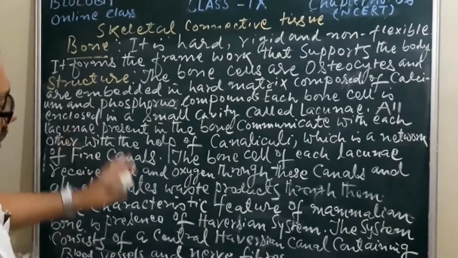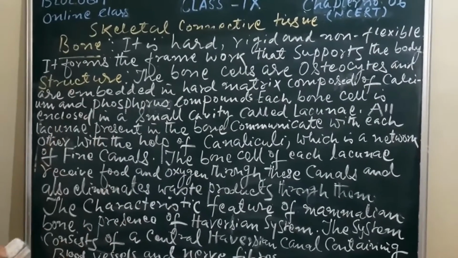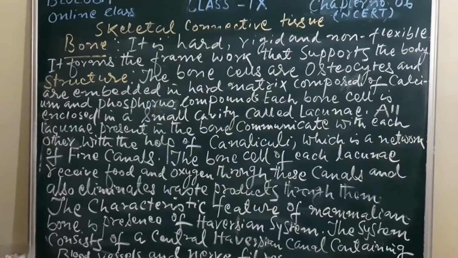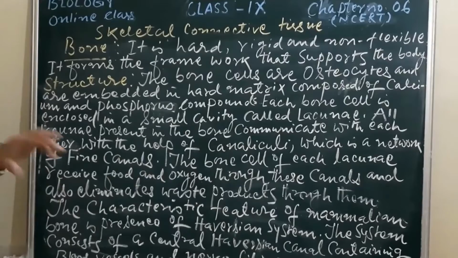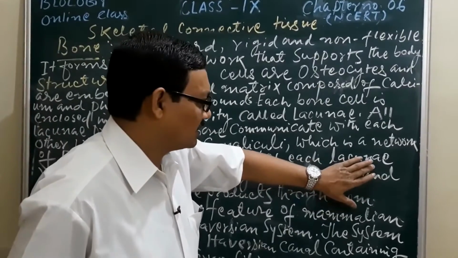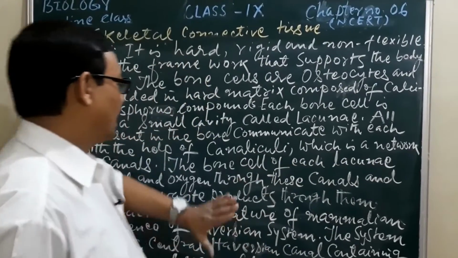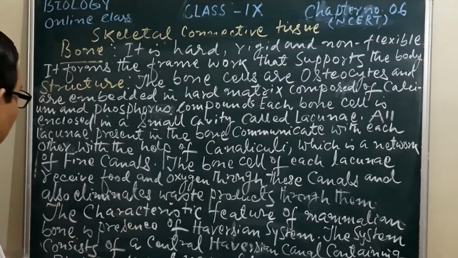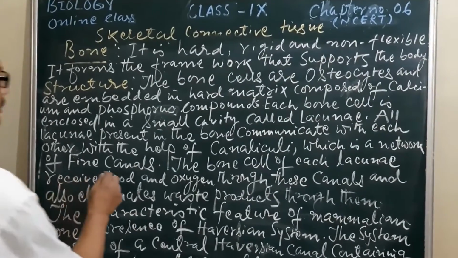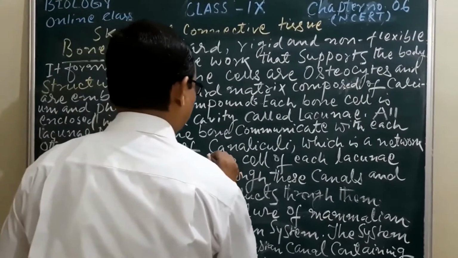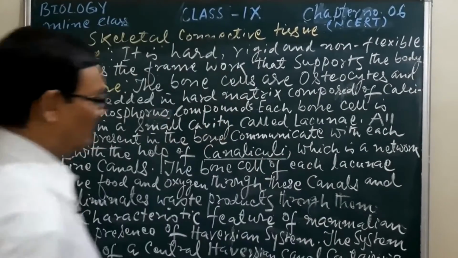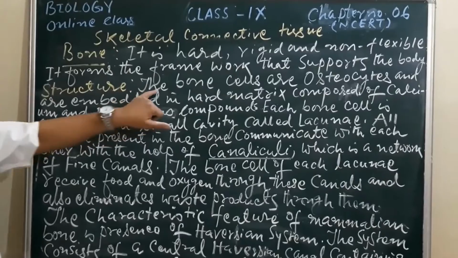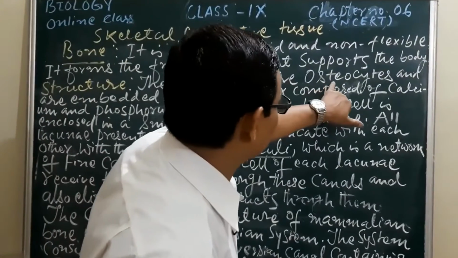In the structure of the bone, you may see something special besides the lacunae, that is a cavity, and also there is presence of fine canals, that is the canaliculi. May you see here the bone cells are osteocytes.